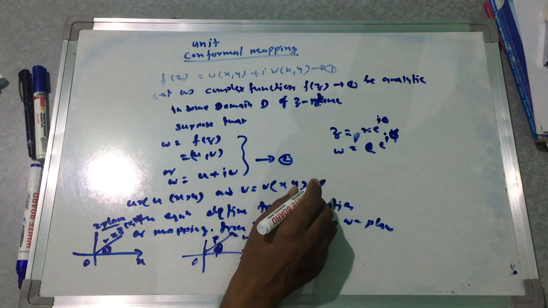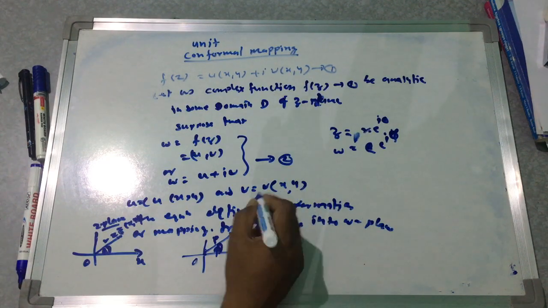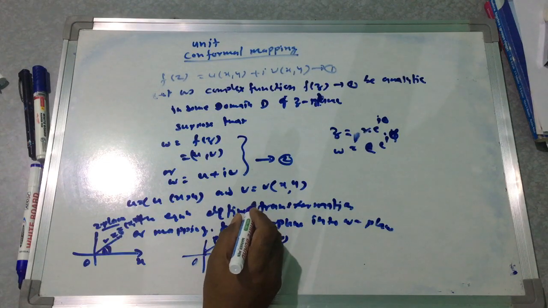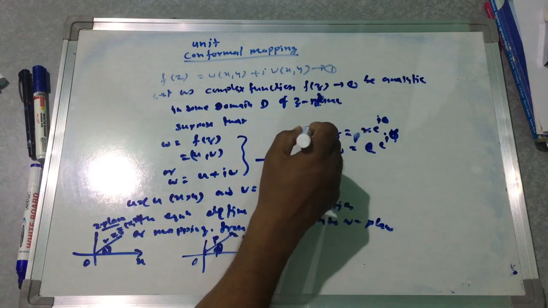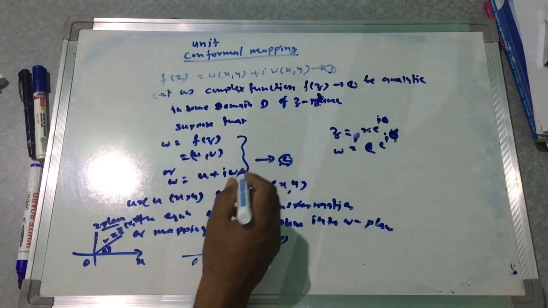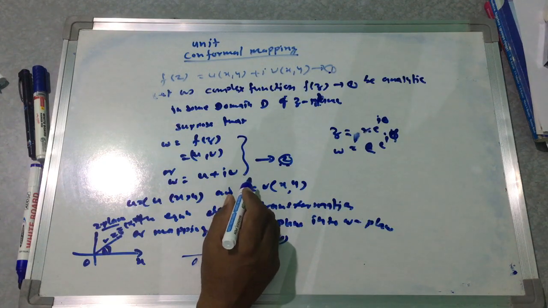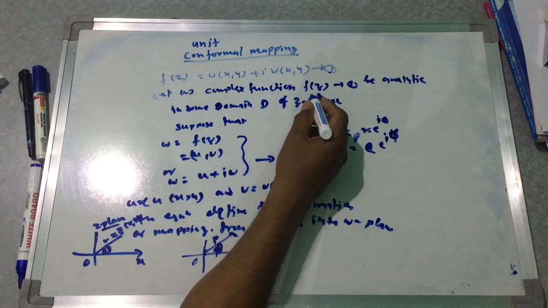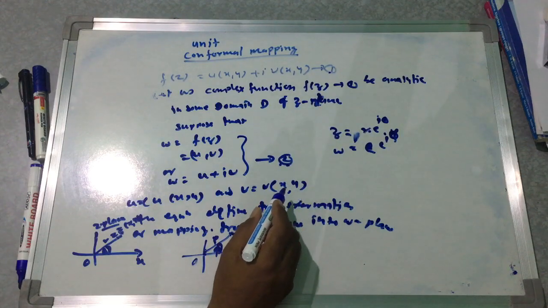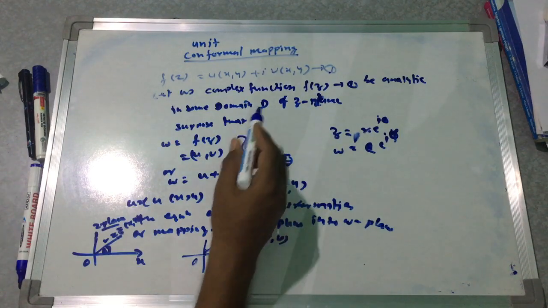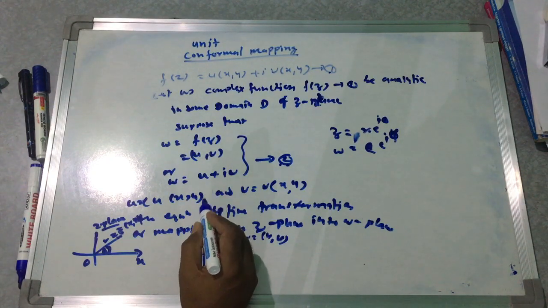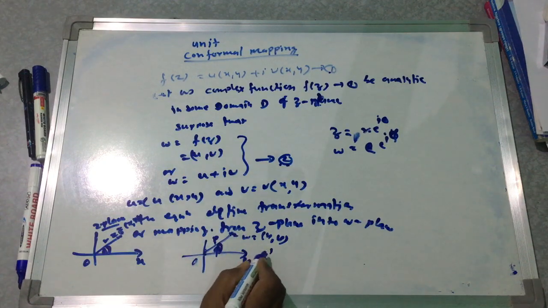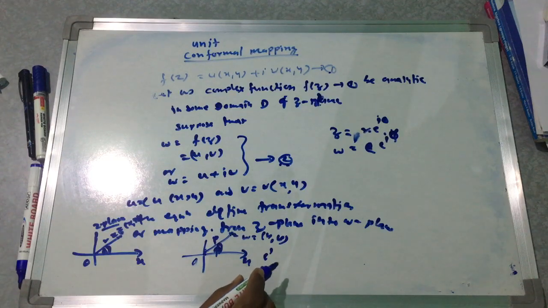The z plane and the w plane form the set of complex numbers. If the mapping is 1 to 1, then the curve C or region D of the z plane is mapped into a curve C dash or region D dash of the w plane.